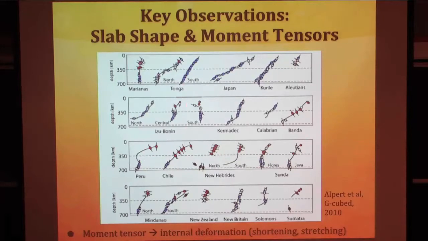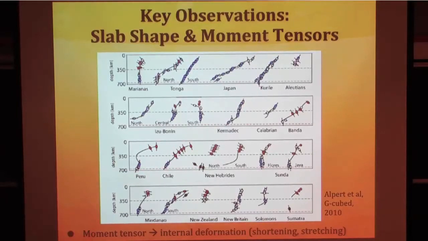Yes, I think that's right. In between there are some axes that are not exactly down dip tension or down dip compression. So there's an overall pattern. Some places like Tonga are completely in down dip compression, whereas other places like Chile are in tension at shallow depths but compression deeper down.